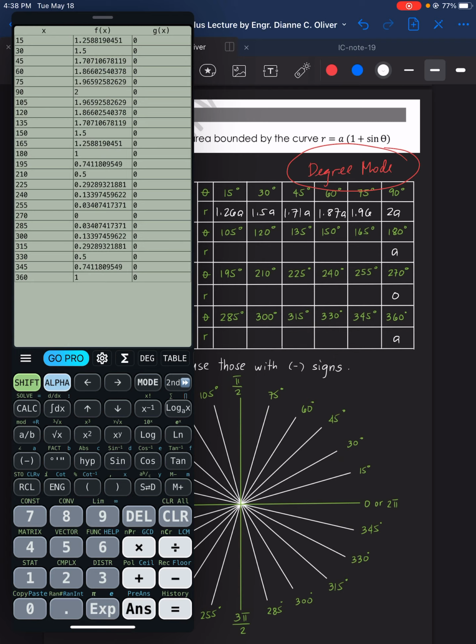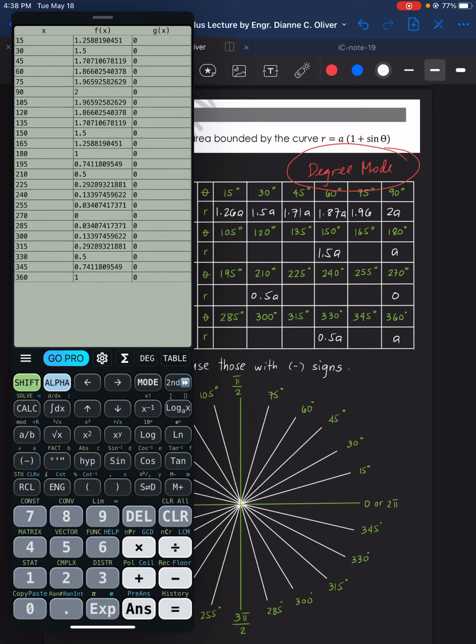We have the 30, 1.5a, 150, 1.5a. Then 210 degrees, we have 0.5a. 330, we have there 0.5a.